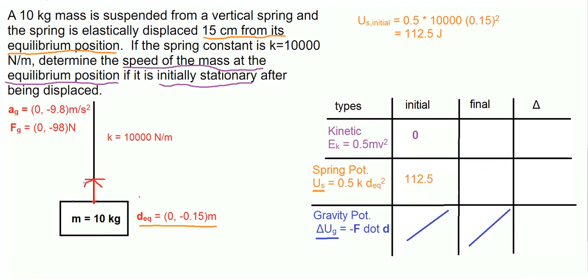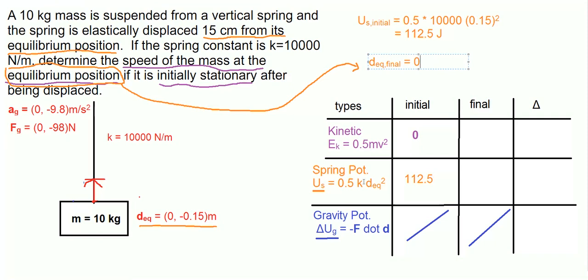Now, the second thing you're told is that the mass is returning to its equilibrium position. Returning to its equilibrium position means that for the final state, your displacement from equilibrium is 0.